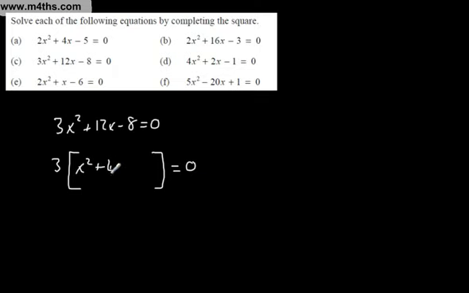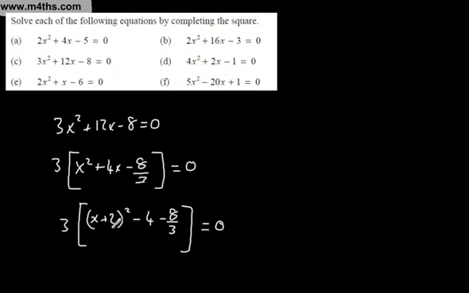So x squared plus 4x minus 8 over 3. I've just divided all of these terms by the 3. If we complete the square inside these brackets, we get x plus 2 all squared minus 4 minus 8 over 3.